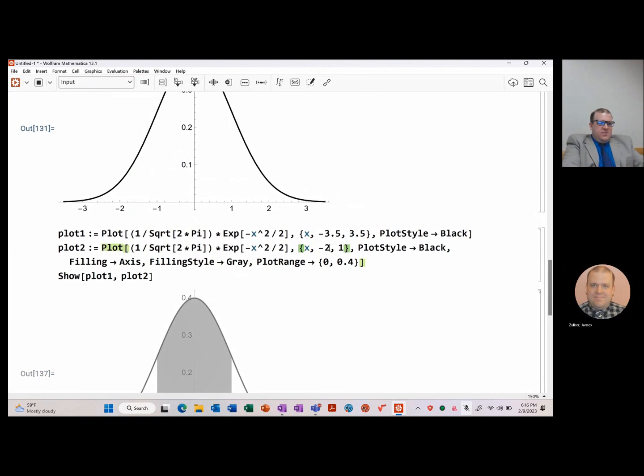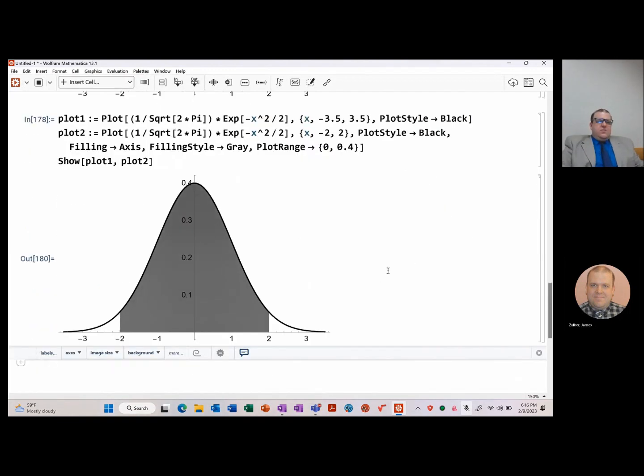What about this? Within 2 standard deviations of the mean. Do you happen to remember what that is from stat? I don't think it's 0.84.